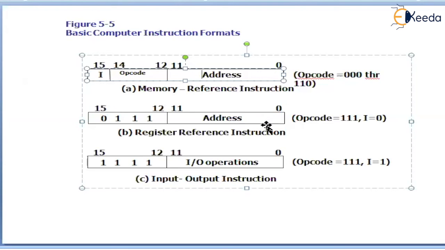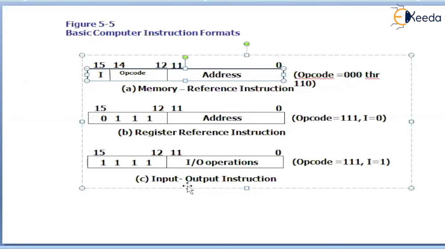Register reference instructions mean the operands are available in the processor's registers itself. In order to get the operands for the register reference instructions, we need not go to the main memory. Similarly, for the IO instructions, we need not go to the main memory. So this address part and the mode part, we don't need in register reference instructions or IO instructions.